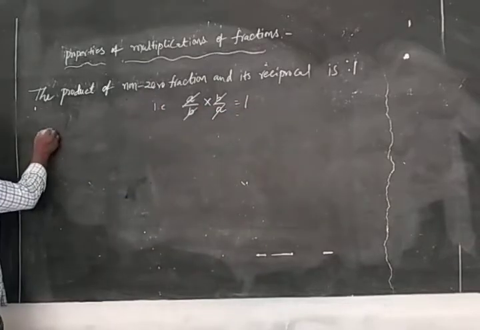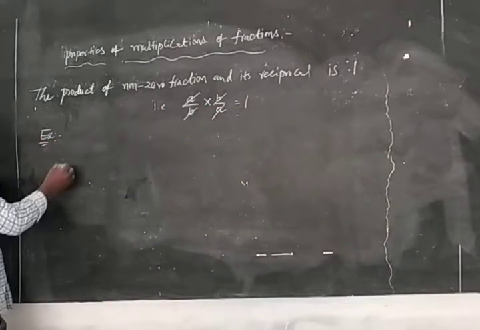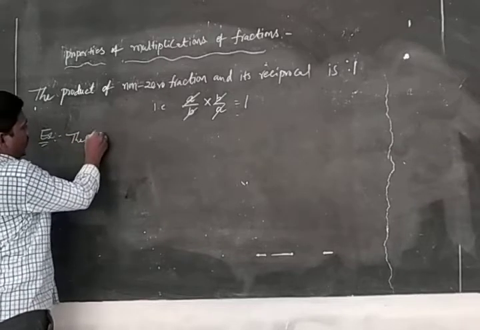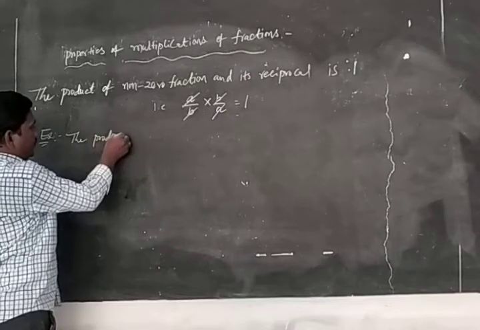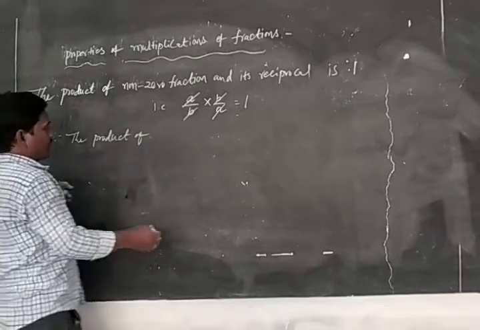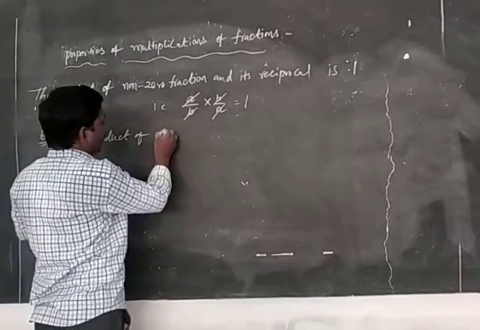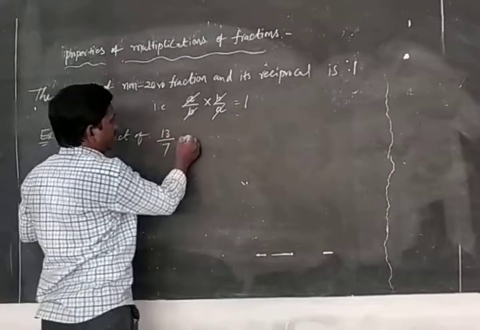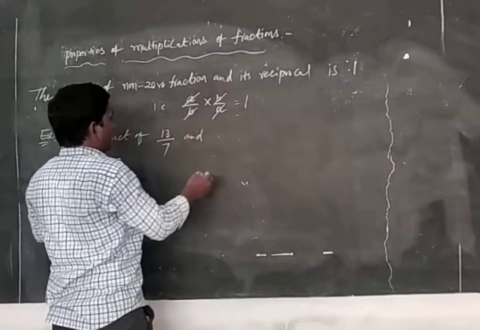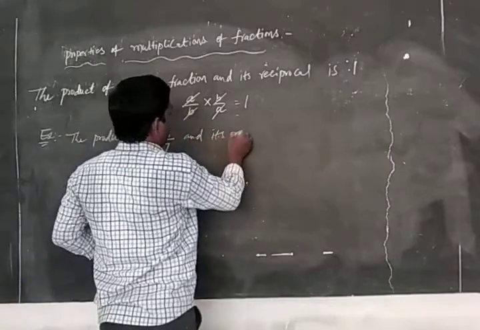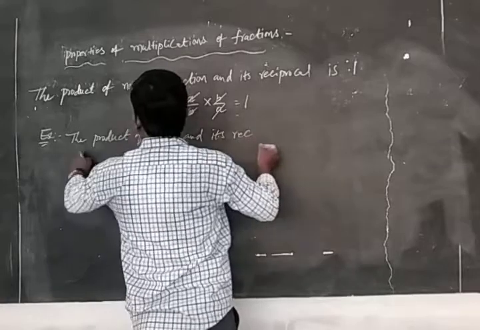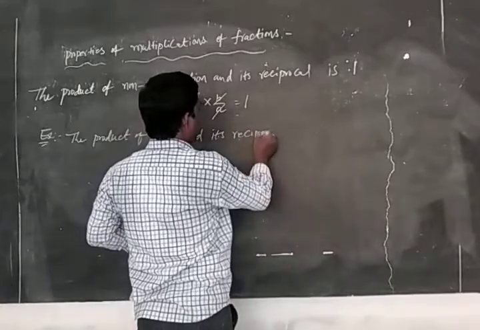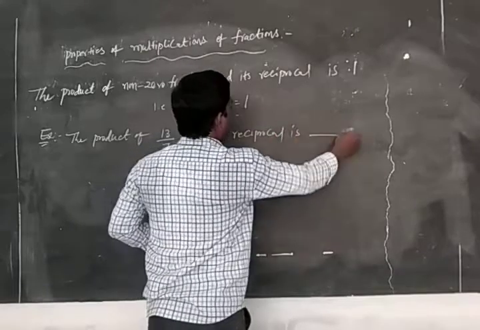For example, the product of 13 by 7 and its reciprocal is dash.